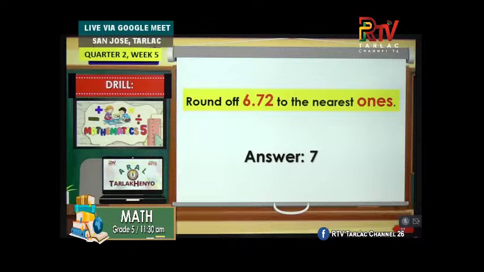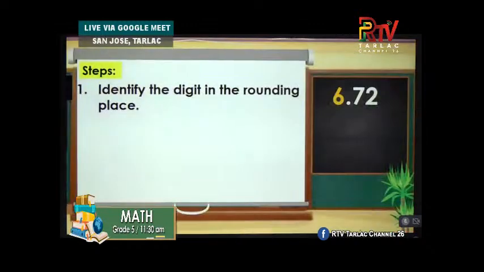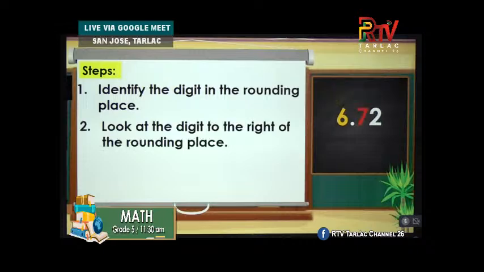For step 1, determine the digit in the rounding place. In the given value, 6 and 72 hundredths, 6 is the rounding place. For step 2, look for the digit to the right of the rounding place. The digit to the right of the rounding place is 7.